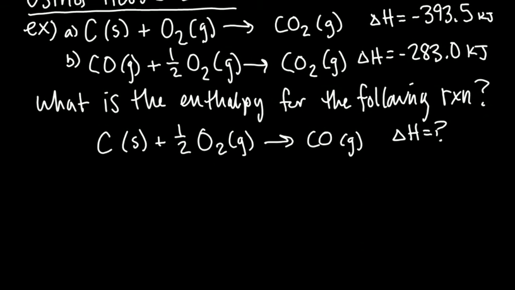So the first step is we have to look at the equations that we're given. We're given equations A and B up here, and we need to use those steps as a way to formulate the delta H of our final reaction that we want. So first we identify the different parts of this equation that show up in equations A and B. We have to pay attention to whether these things are present in A and B as products or reactants, because that's very important.